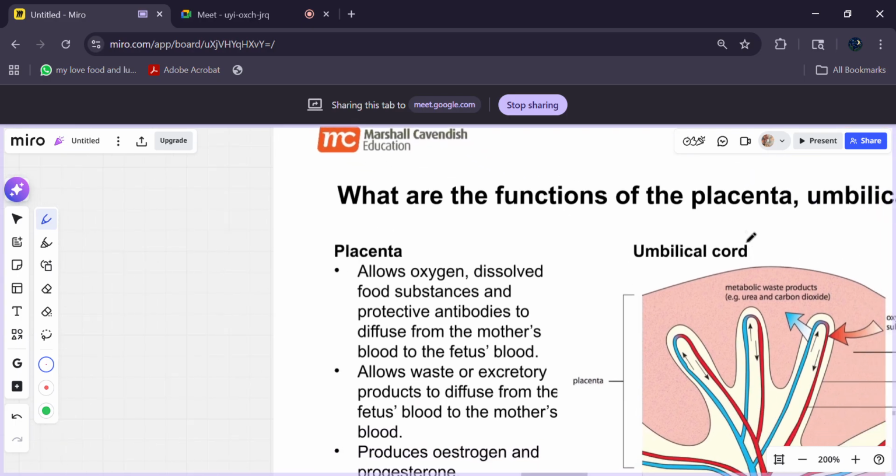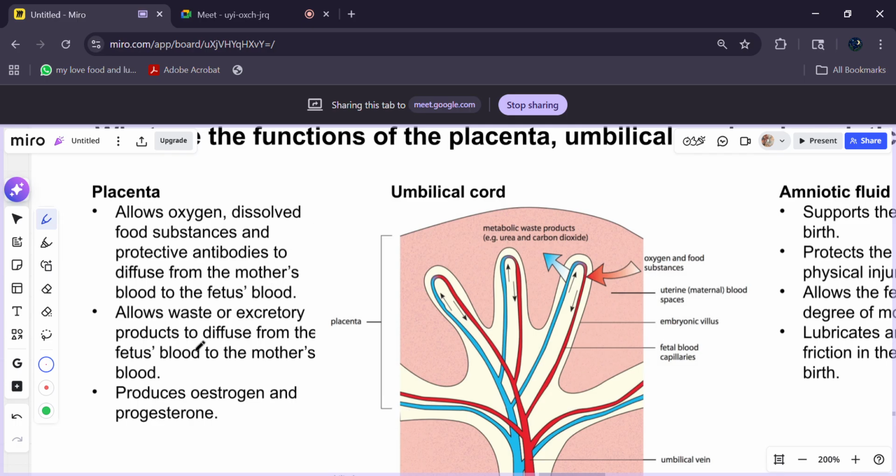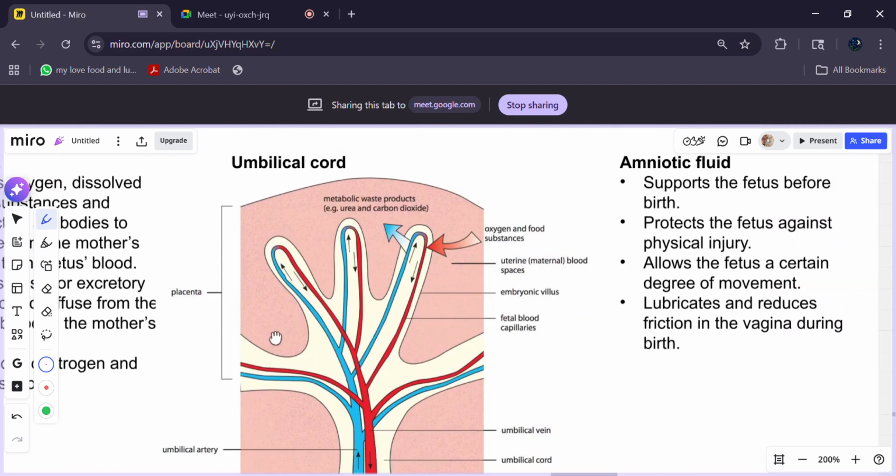The placenta allows oxygen, dissolved food substances, and protective antibodies to diffuse from the mother's blood into the fetus's blood, and it allows waste and excretory products to diffuse from the fetus's blood to the mother's blood. It also produces estrogen and progesterone.